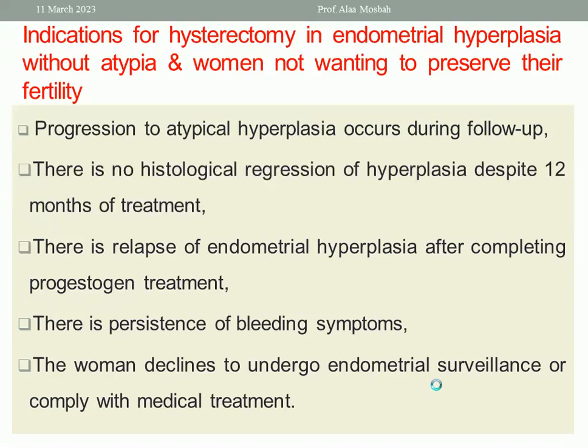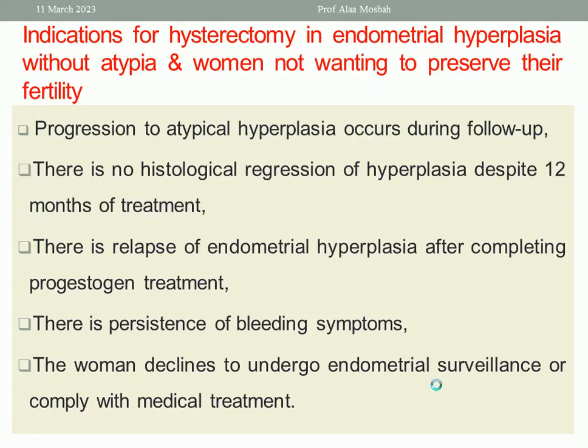What other indications? If there is a relapse of endometrial hyperplasia after completing progestogen therapy. If there is persistence of bleeding symptoms. And also, the last indication for hysterectomy in such cases, the woman declined to undergo endometrial surveillance, a non-compliant patient with medical treatment.